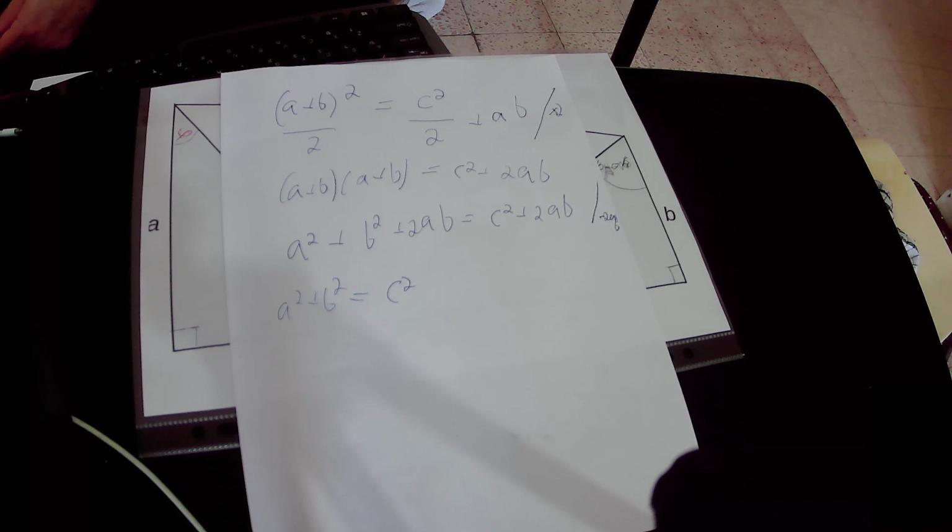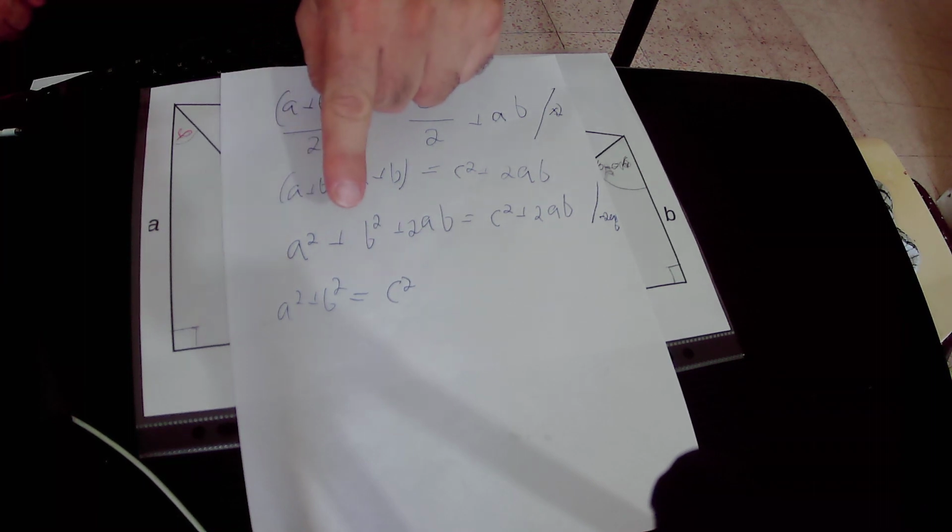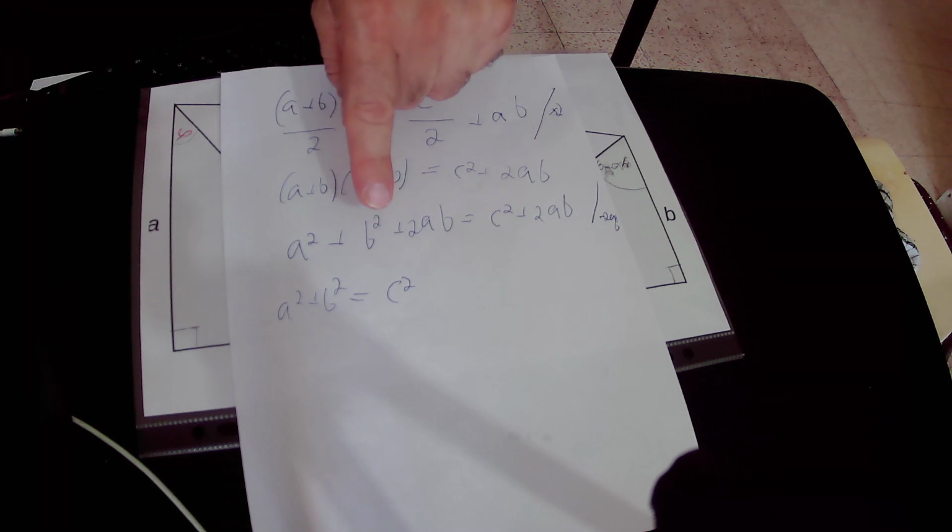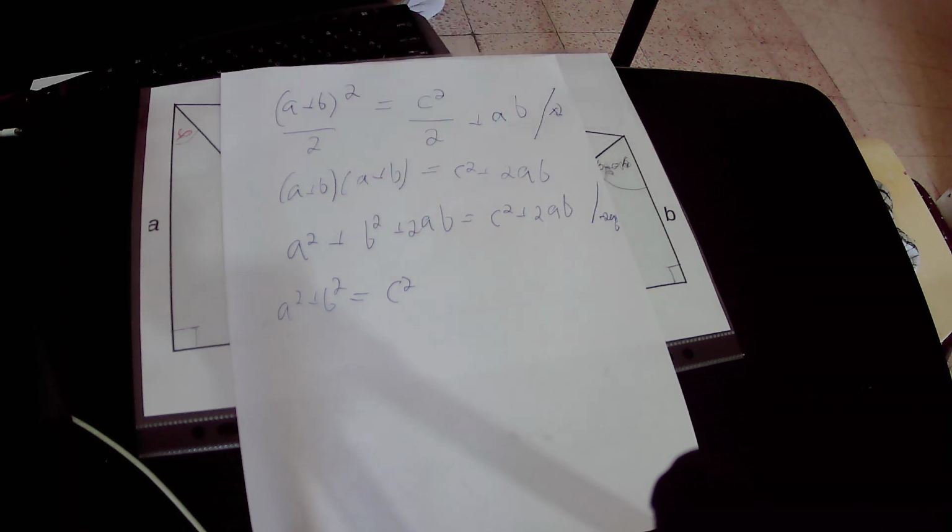Okay? A squared plus B squared, the sum of the squares of the perpendiculars, equals the square of the hypotenuse, that is C squared.